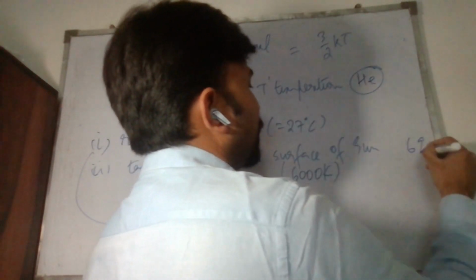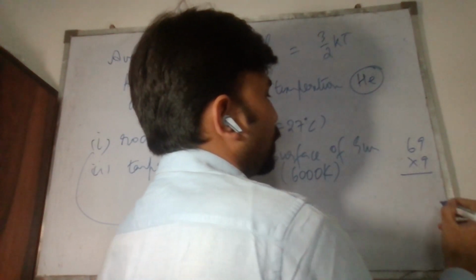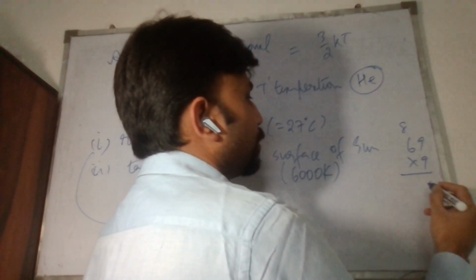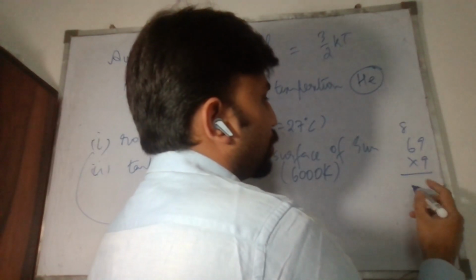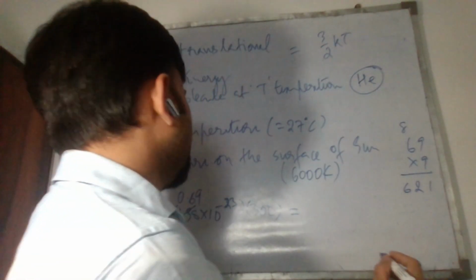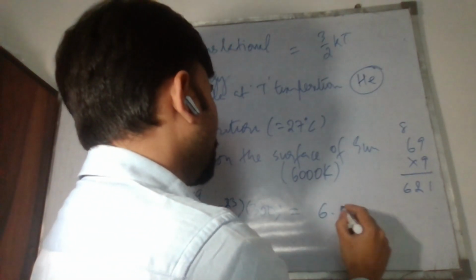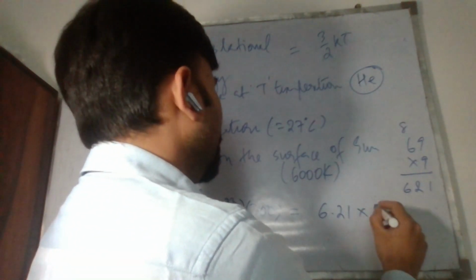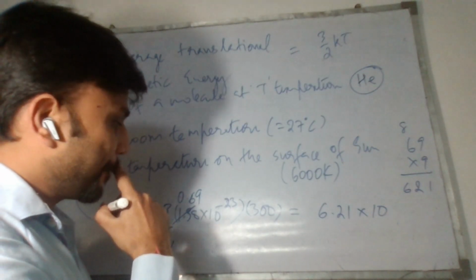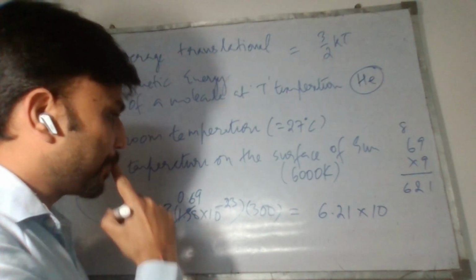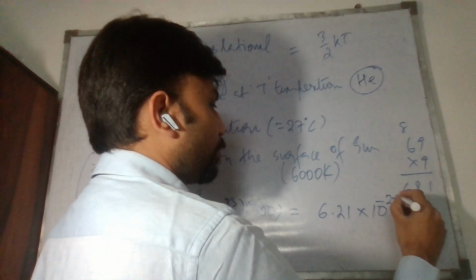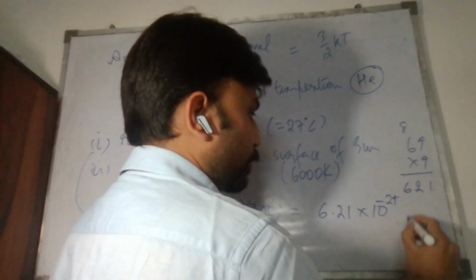So 69 times 9 is 621. So this is 6.21 into 10 to the power minus 21 joules.